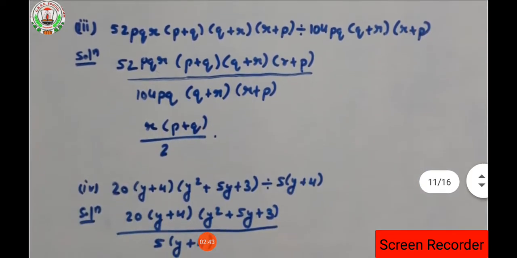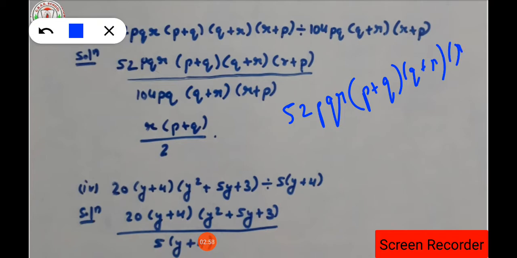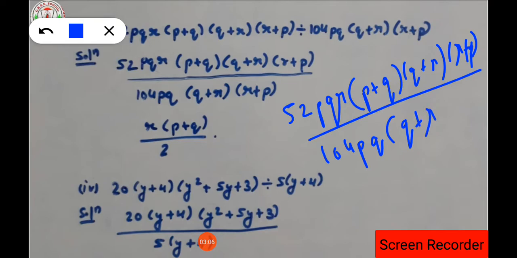Now in the next question, what we are having is 52 PQR into (P plus Q) into (Q plus R) into (R plus P), divided by 104 PQ into (Q plus R) into (R plus P), isn't it?